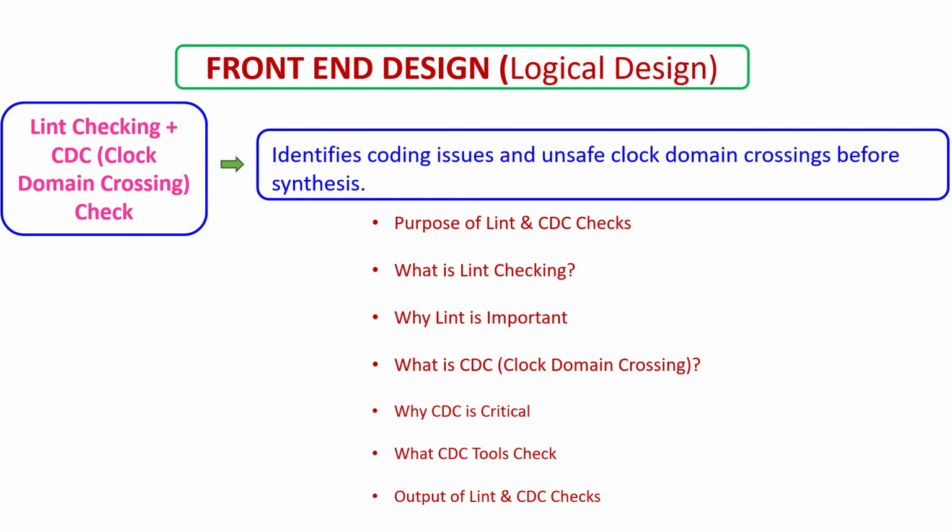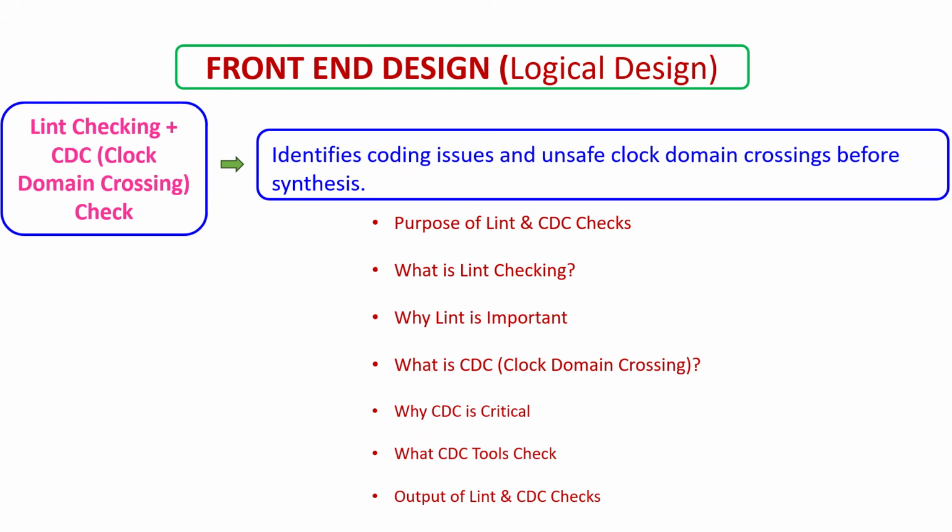Next, what is CDC? Clock domain crossing. CDC checks identify signals crossing between different clock domains and asynchronous clock regions. Why is CDC critical? Improper CDC can cause random chip failure, data corruption, and unpredictable silicon behavior. These bugs are very hard to debug after fabrication. Next, what does the CDC tool check?